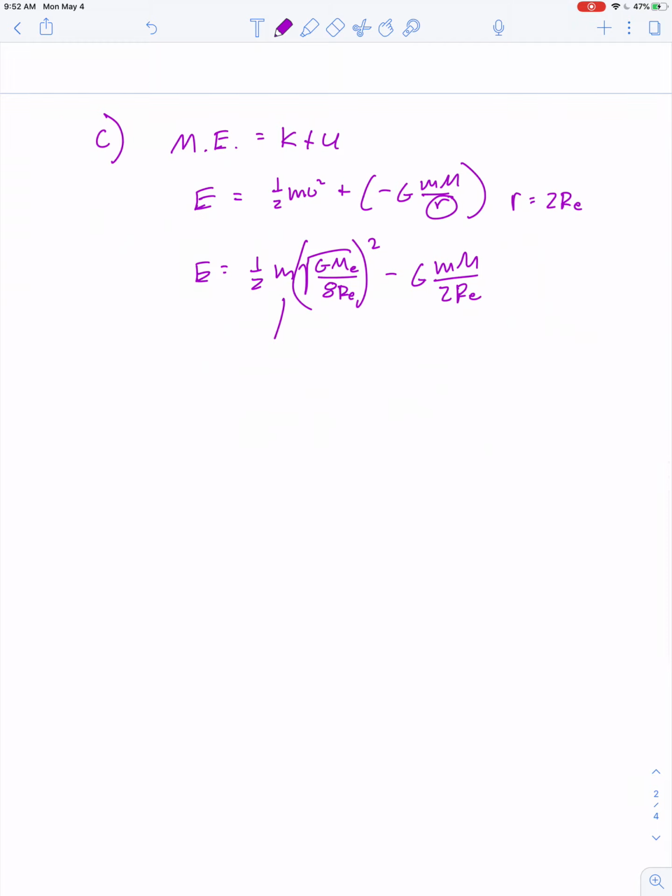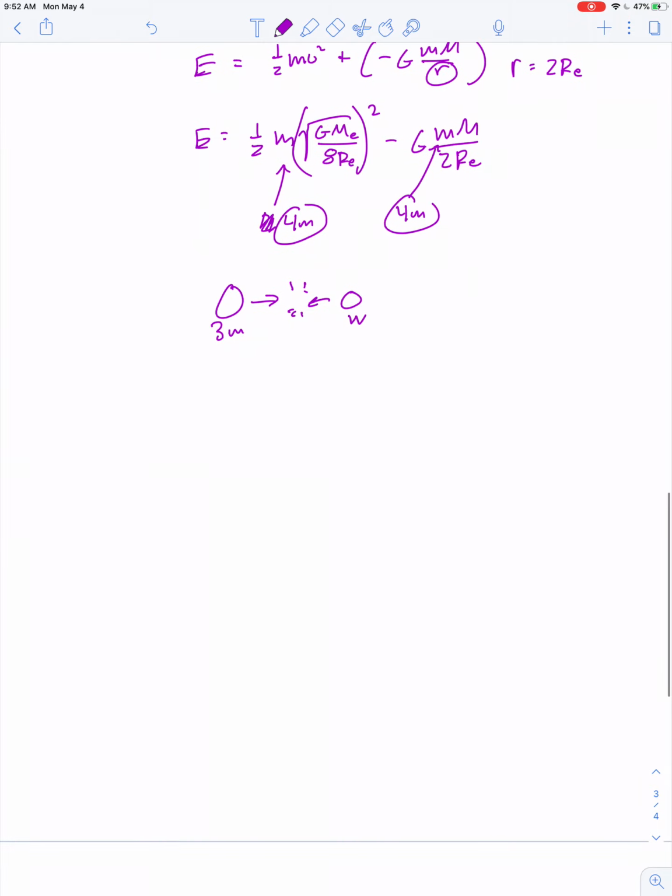Okay, but then we need to substitute for m as well, don't we? This lowercase m is actually 4m, correct? The 3m and the m hit and stick together to give us 4m.